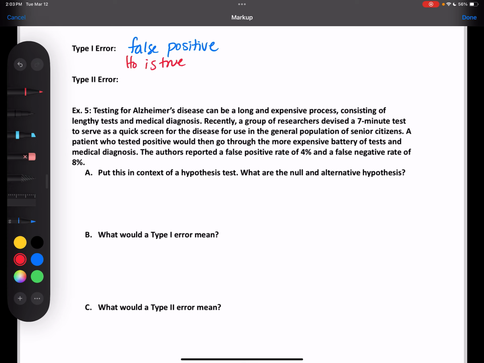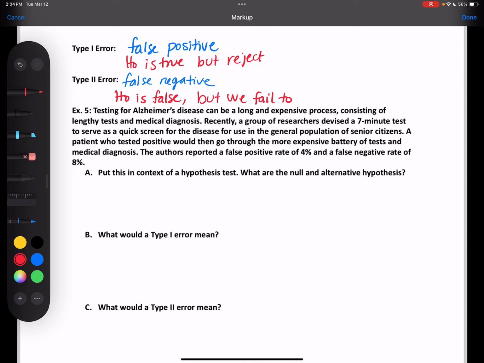Okay. So type 2 is what? False negative. Meaning? Null is false, but we accept. Fail to accept, no, fail to reject. We don't accept things here. I'm sorry, I just got into the rhyming. Null is false, but we fail to reject.